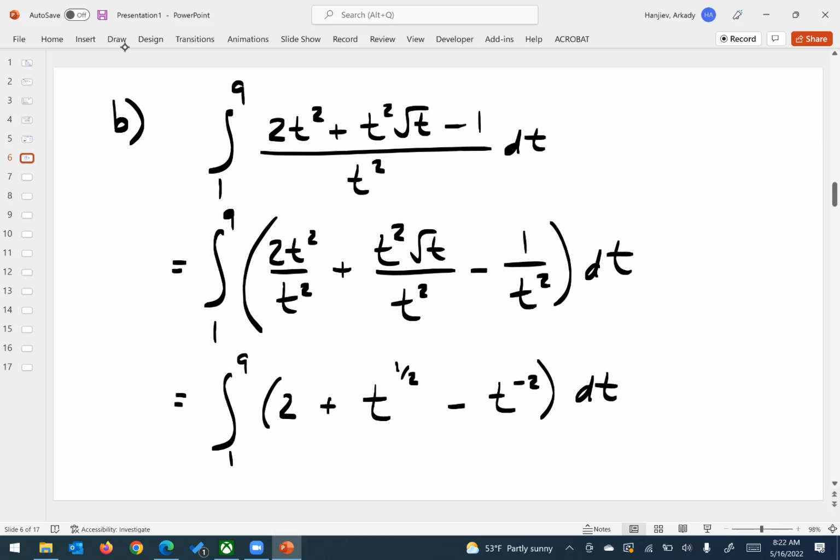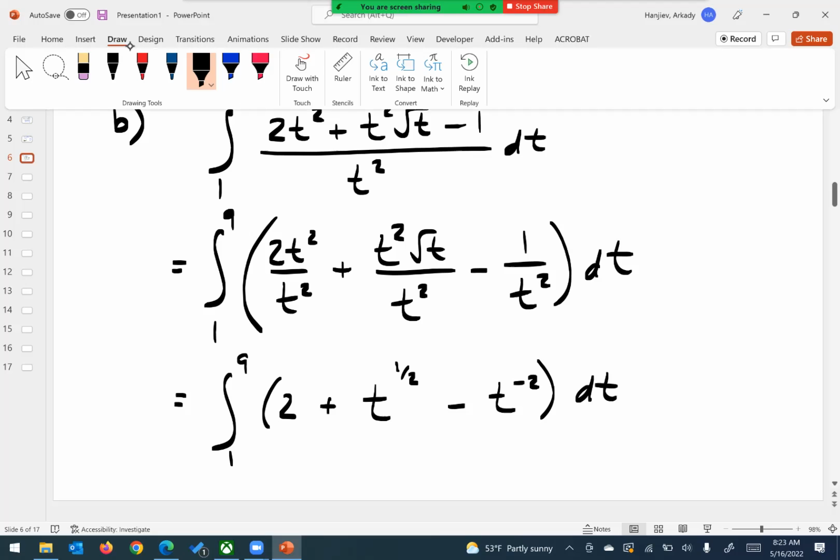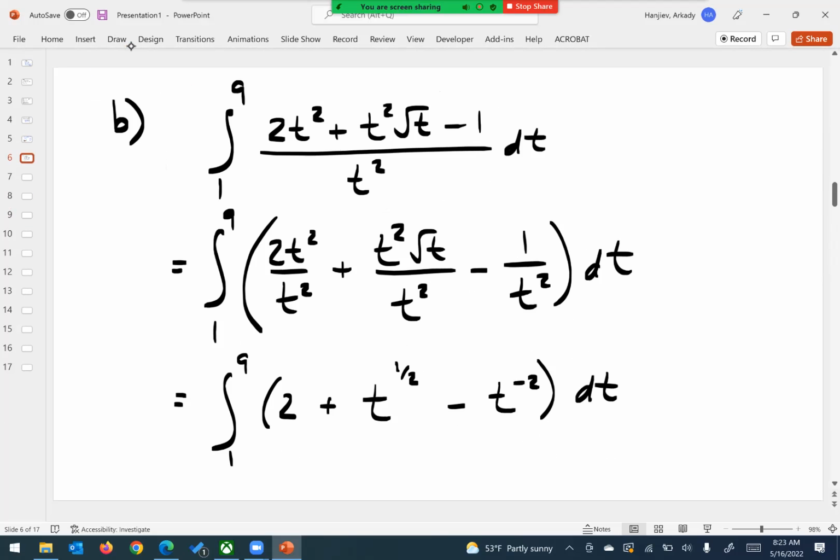All yours. 30 seconds. Can you guys give me the antiderivative formula? Okay, antiderivative of, let's see, who should I pick first? Nicholas, all yours. Antiderivative of 2.